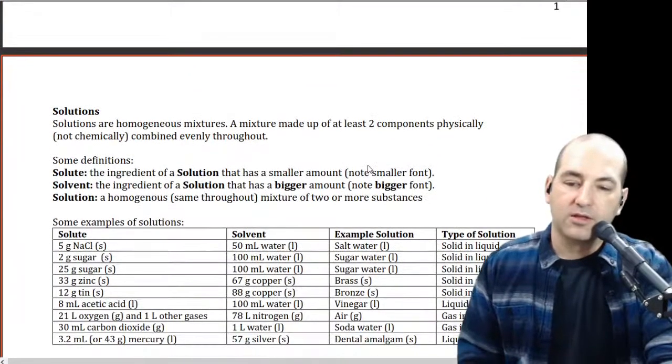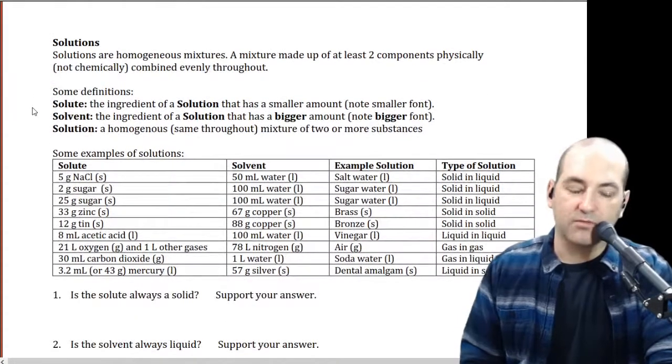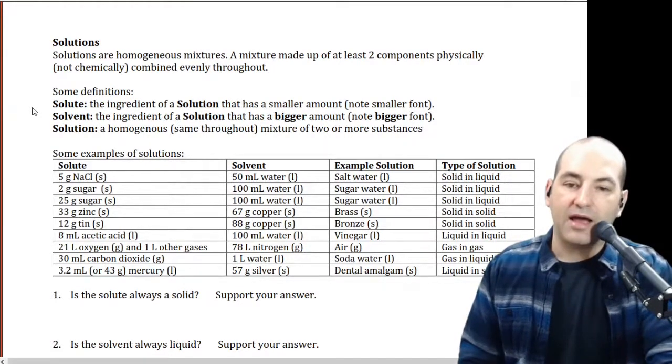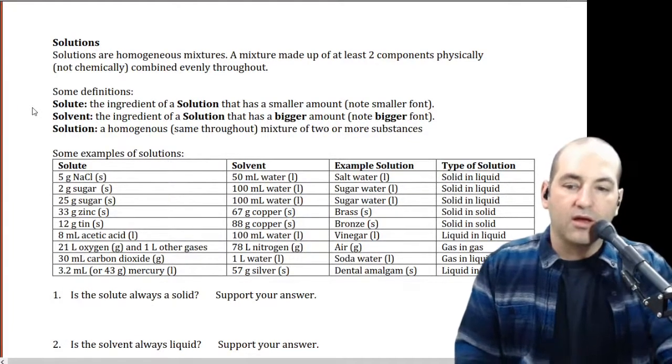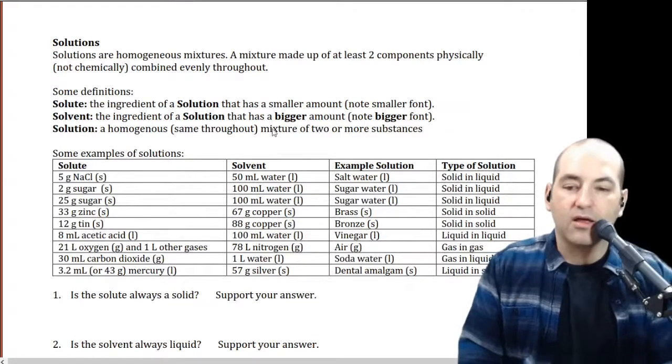All right. So what we're talking about here is making something called a solution. And we've used that term before. We've used solutions in lab. Solutions are homogeneous mixtures that are combined so finely that essentially they're down to the atomic or molecular level. And really, it's a pretty general definition of that homogeneous mixture that's combined evenly throughout.